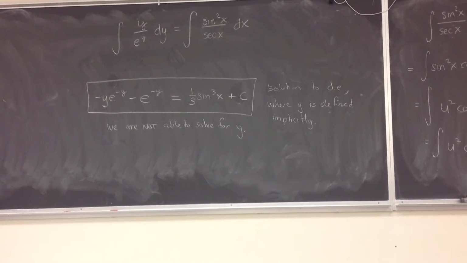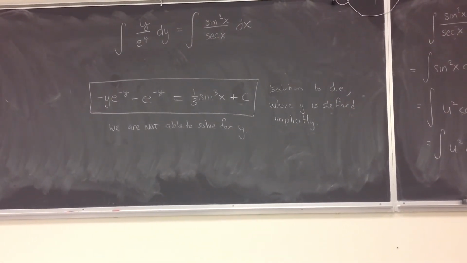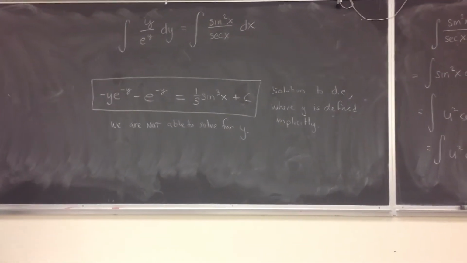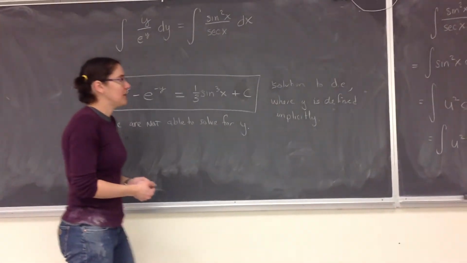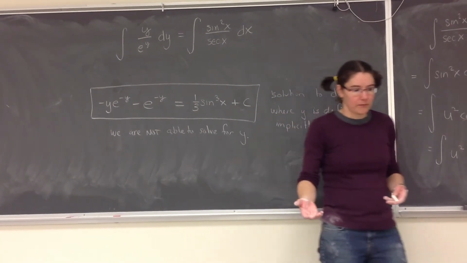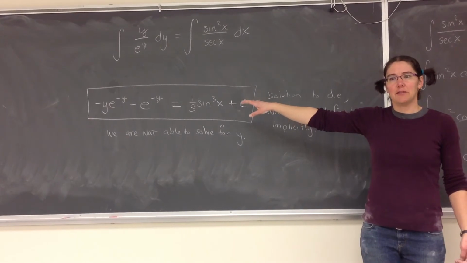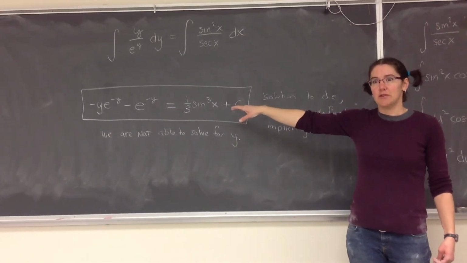So on the exam, are you going to want us to define y if possible? That's a really good question. And here's how the question on the exam would be worded. I would say, solve the differential equation. And here's how I will say this without telling you whether you can explicitly solve.